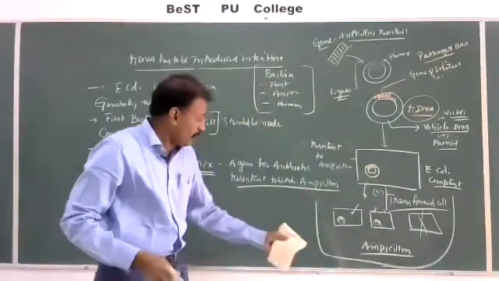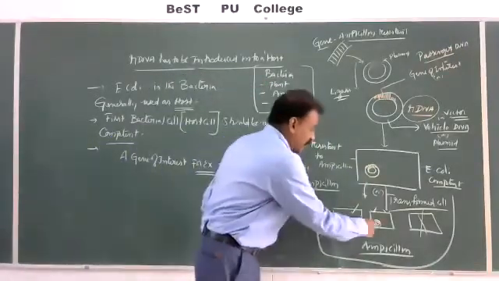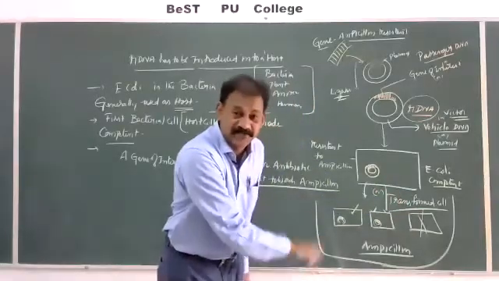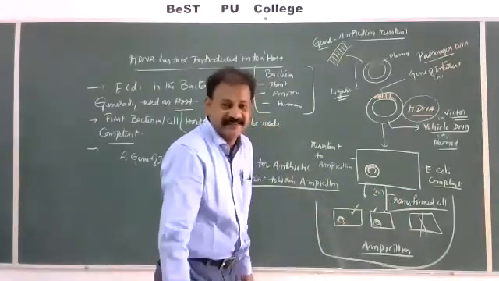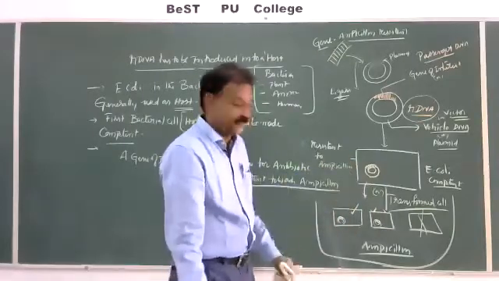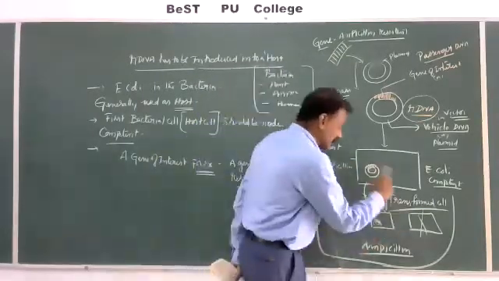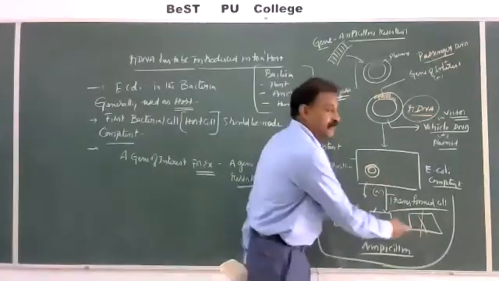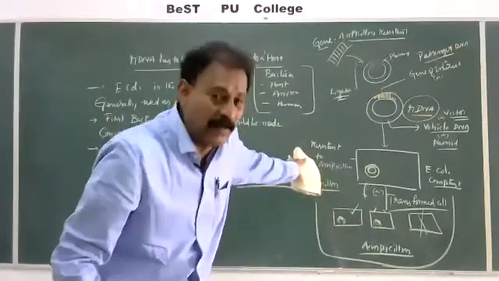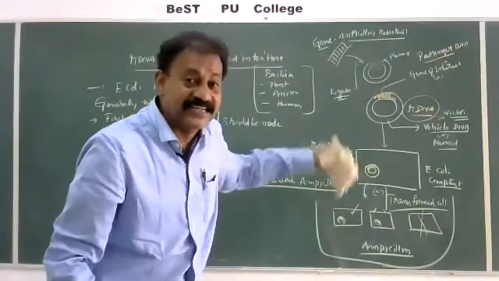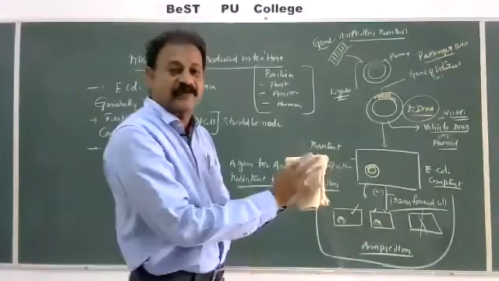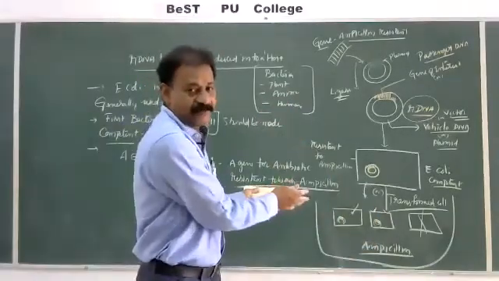So now these are all called transformed cells, changed, converted, transformant cells, whereas the cells which do not receive this are non-transformed cells. This is the method. So ampicillin is used as a selectable marker to select which are transformants and which are non-transformants.